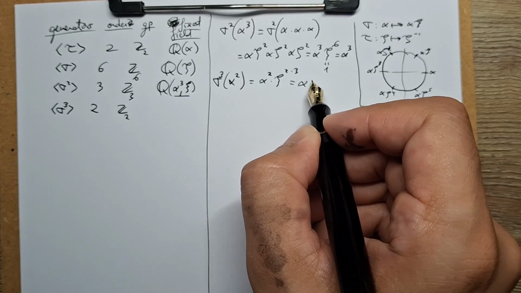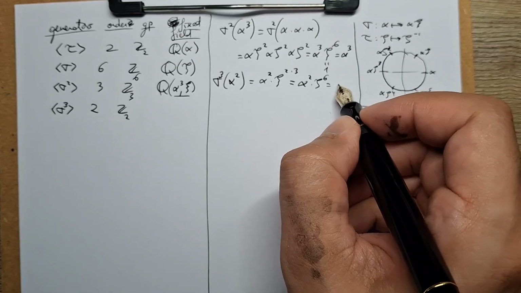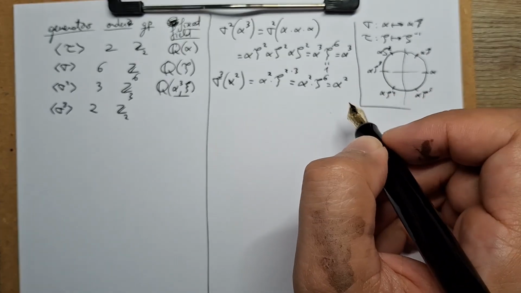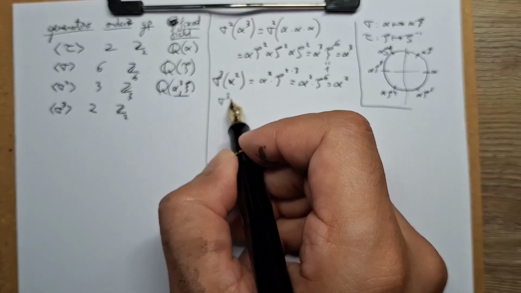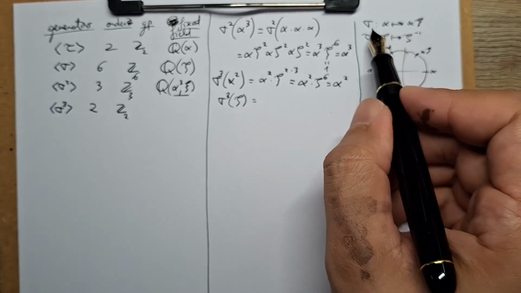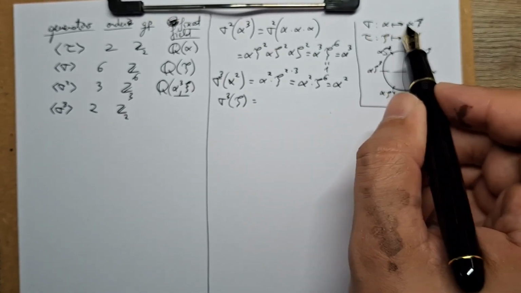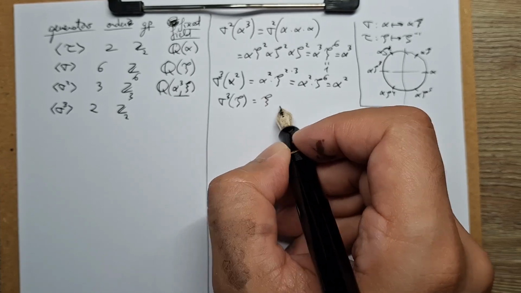So this is alpha squared multiplied by theta to the 6, which is again alpha squared. So alpha squared is fixed. And also if you apply sigma 3 to theta, by definition, sigma does not have any effect on theta, so we will have also theta.